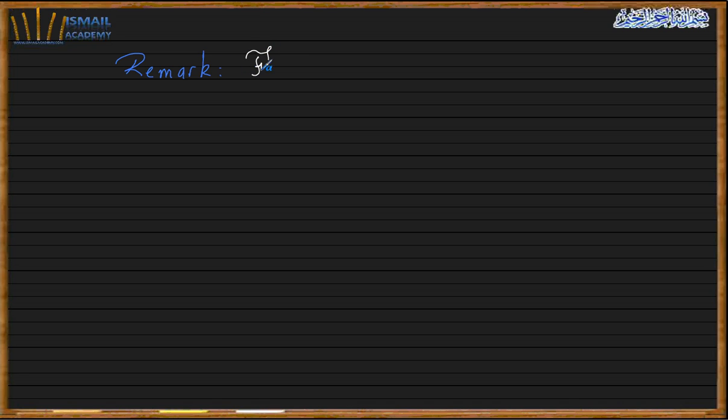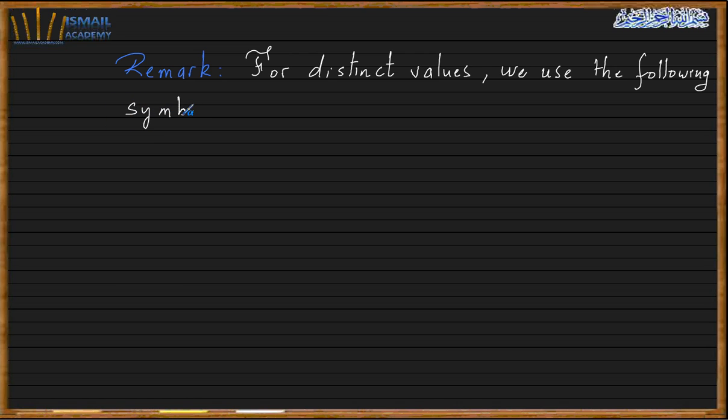For distinct quantities or distinct values, we use the following symbol. You see it: equal, and we have a slash bar on it. So this is read as not equal to.